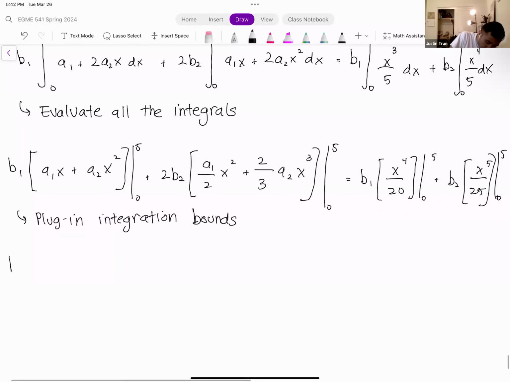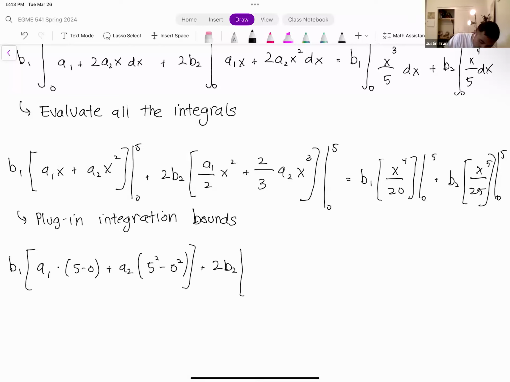All right, so we do that. We get b1 times a1 times 5 minus 0, plus a2 times 5 squared minus 0 squared, plus 2b2 times a1 divided by 2 times 5 squared minus 0 squared plus 2/3 a2 times 5 cubed minus 0 cubed.